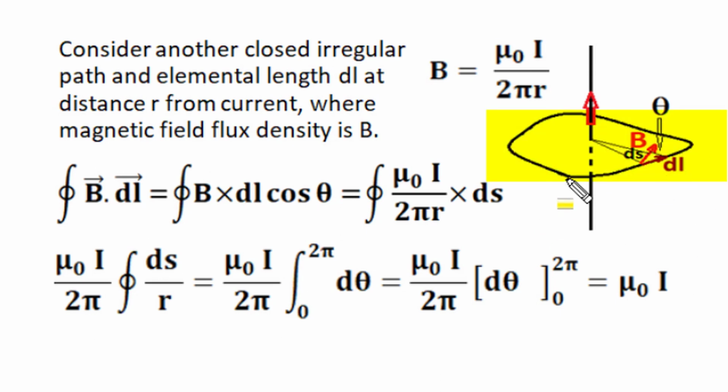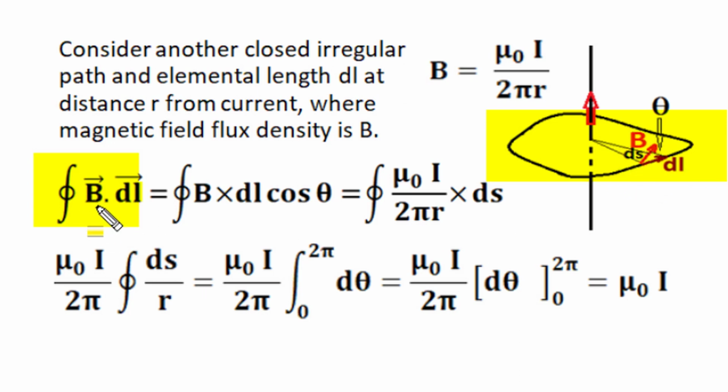Let's consider another closed but irregular path as shown here, enclosing current I, and consider a small elemental length dl on this boundary path, and let's find out the closed line integration of magnetic field flux density around this irregular closed path. Now here the magnetic field flux density by conductor current is tangential to this radial line, and dl displacement on the boundary makes an angle theta with the magnetic field flux density.